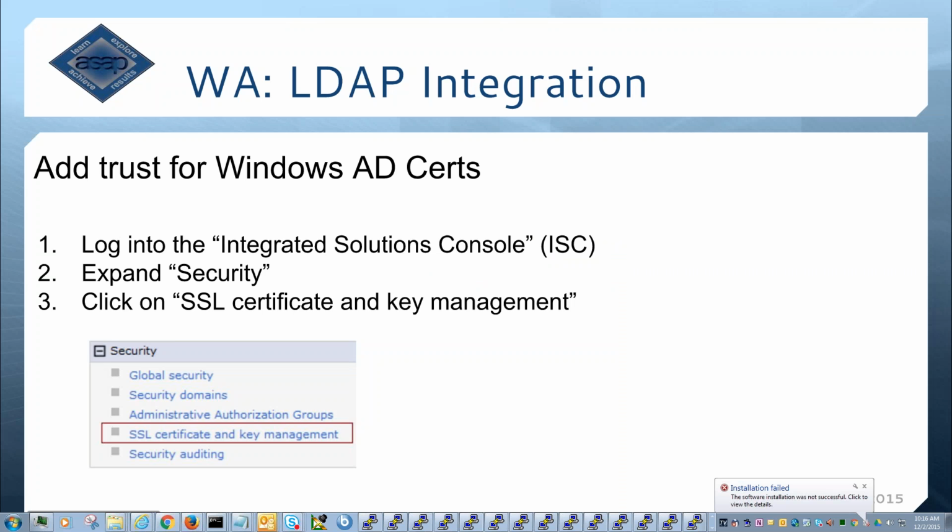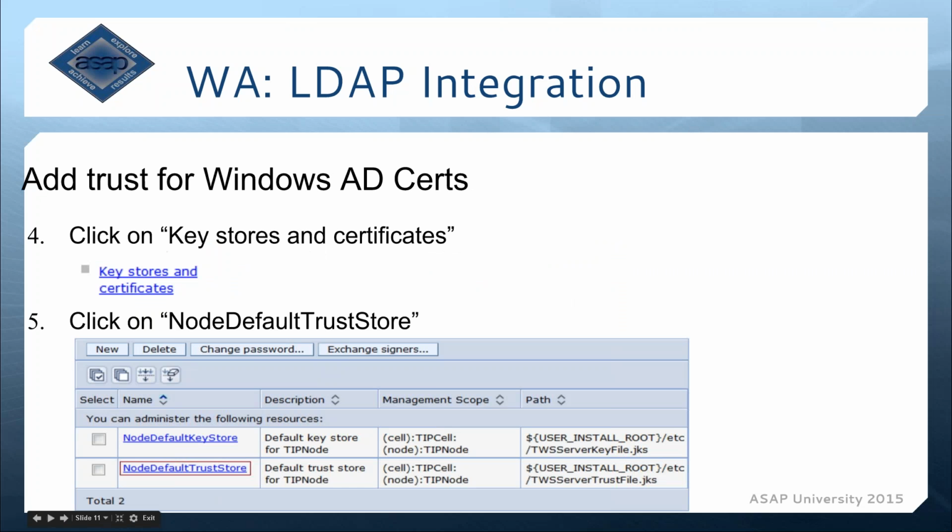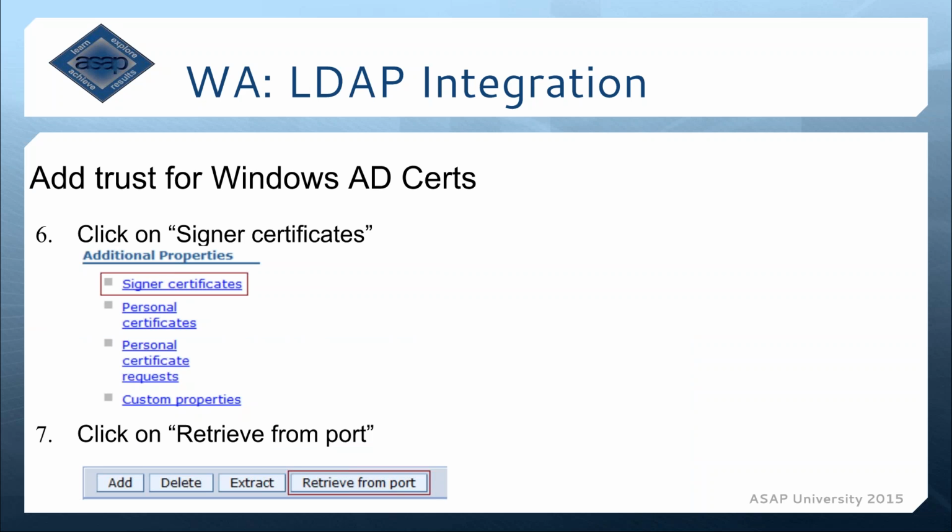Okay. All right. Okay, so basically you open your Integrated Solution Console and you expand your security tree, and then you go to SSL certificate key management, and then you click on key stores and certificates, and then you'll click on Node Default Trust Store, and then on the right-hand side you'll see Signer Certificates.